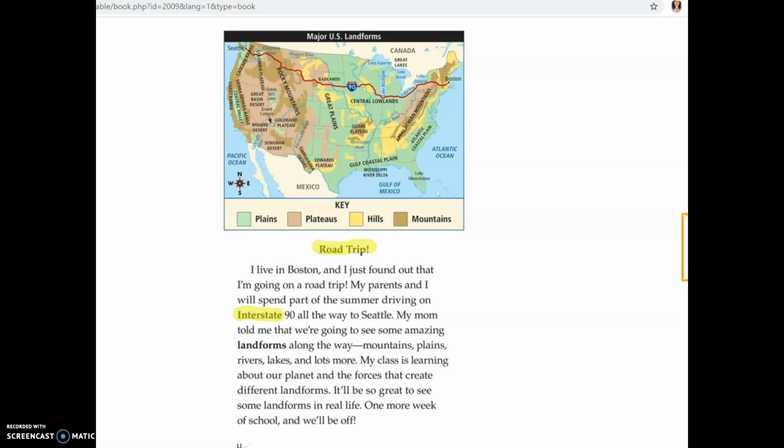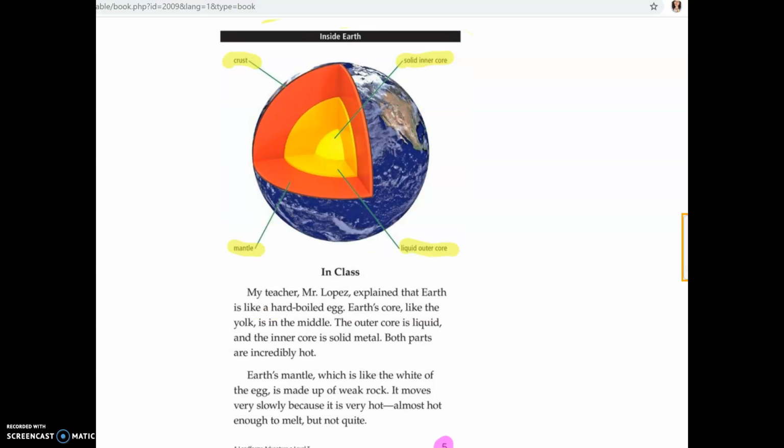Let's look at our different pages. This picture is also interesting. I want you to study it very carefully. You can see that this is a drawing, but if you notice, it's labeling different parts of this picture, which is something that we see inside a nonfiction text, a text about real things.